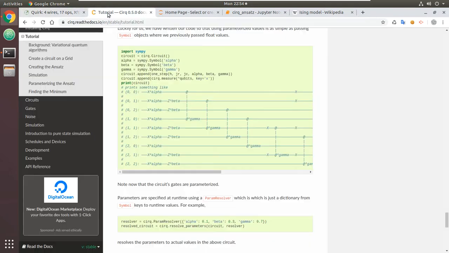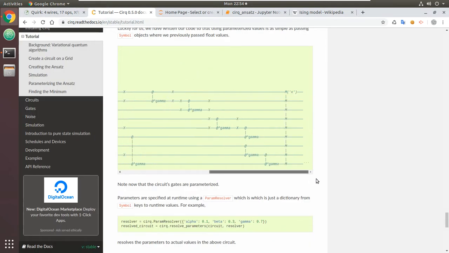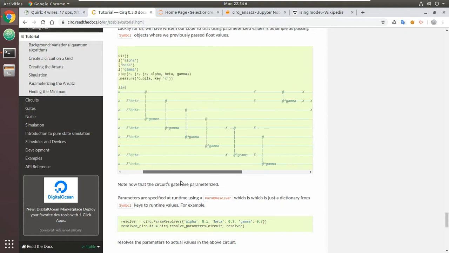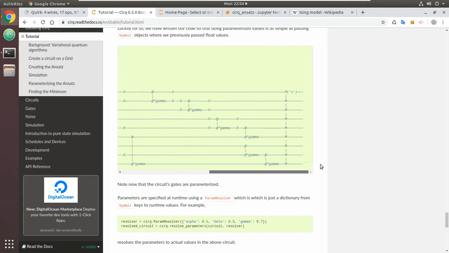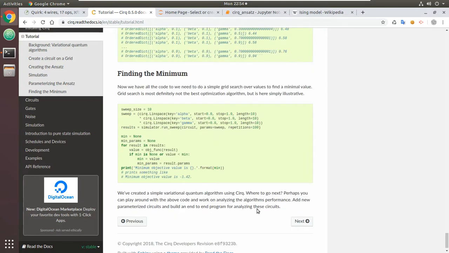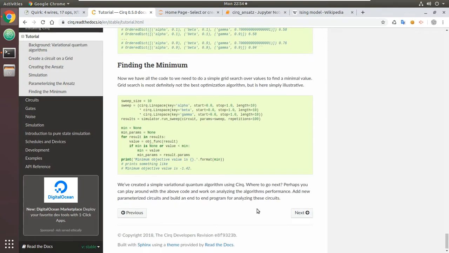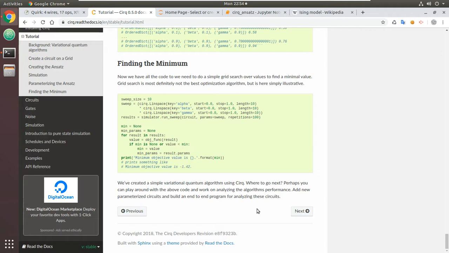But wait a second, there's one detail here. What is M? Why is there a key called X? Maybe this is just where it's going to be put in the results object.